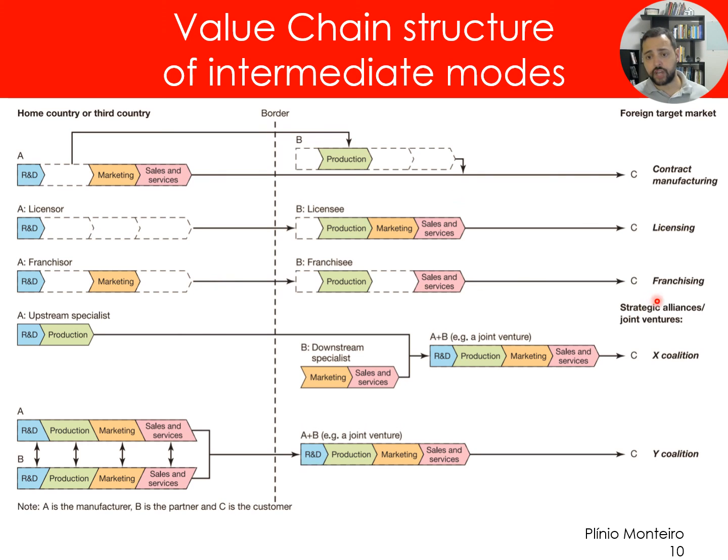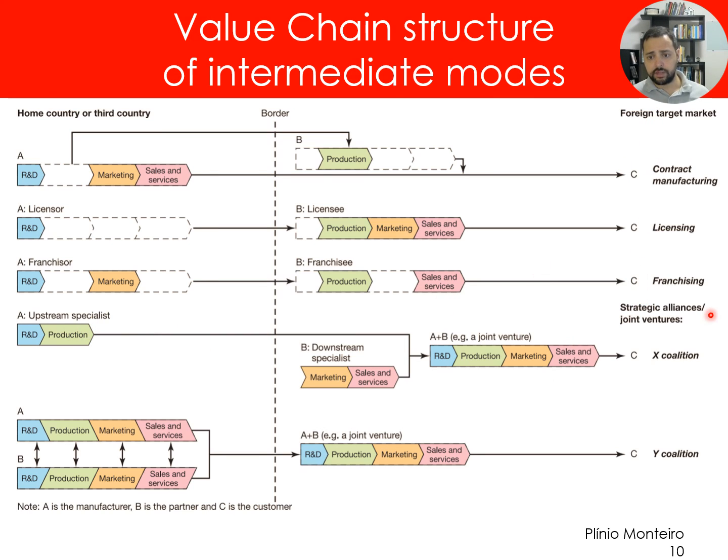Let's look at franchising. You have the franchisor. You develop the business model and the marketing, but then you give the right to other companies to produce using your standards and to sell the service in the target market.